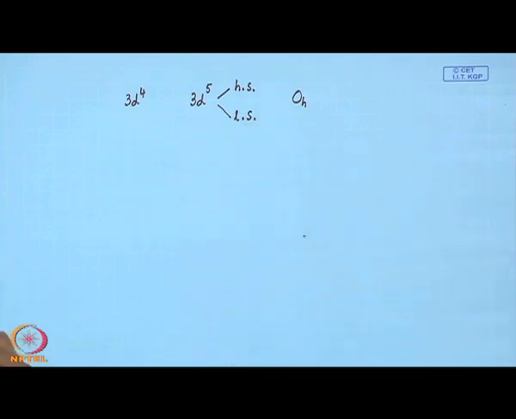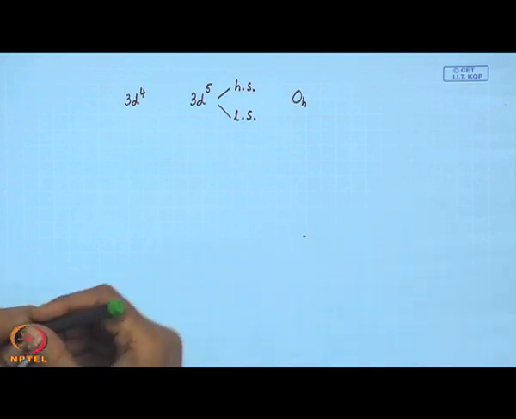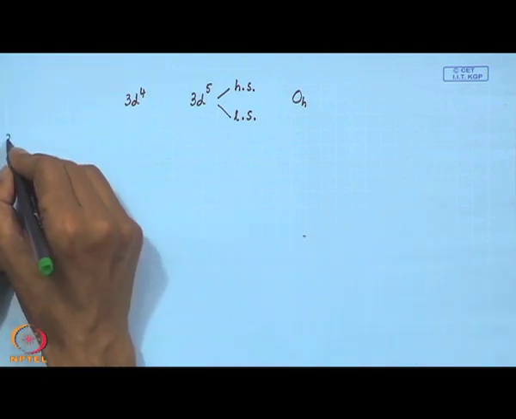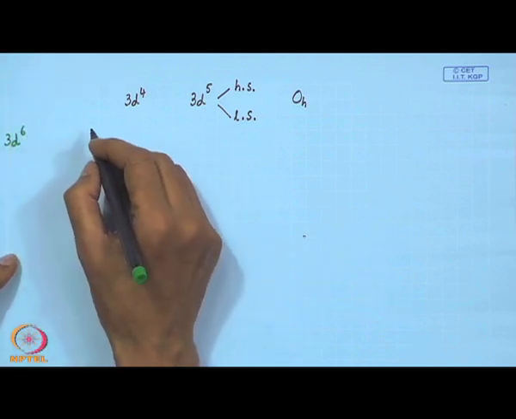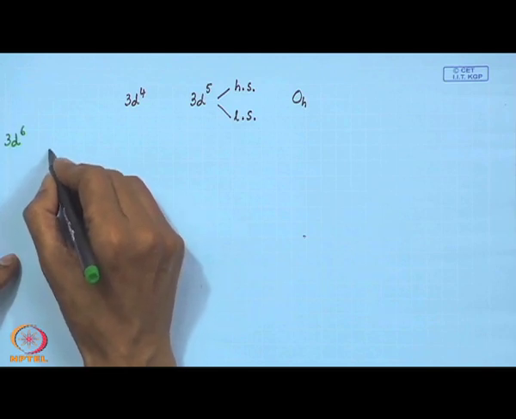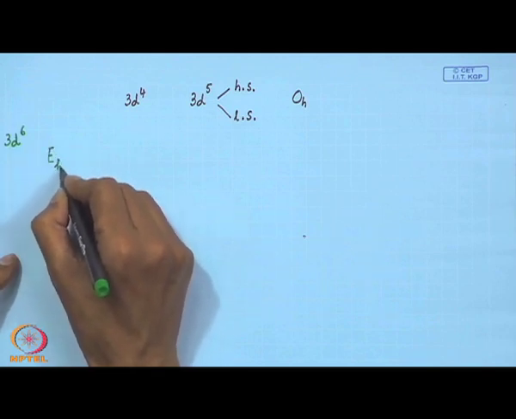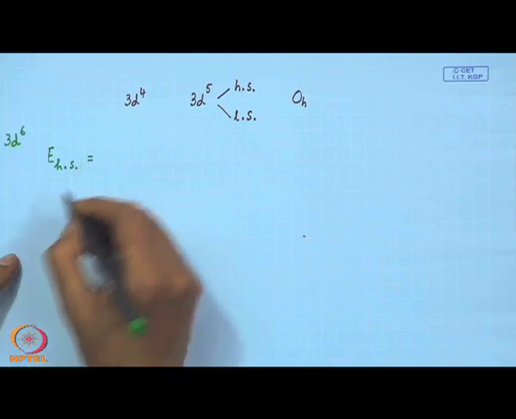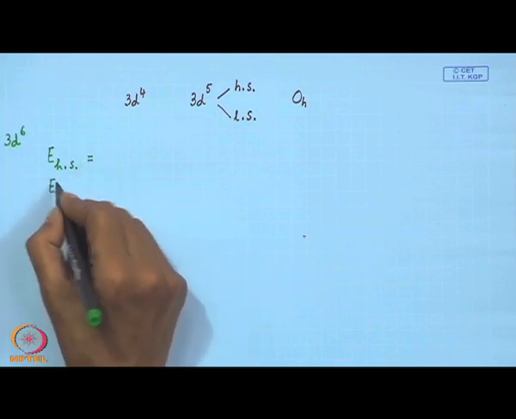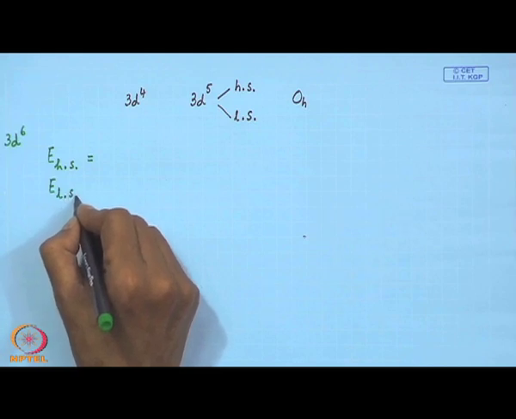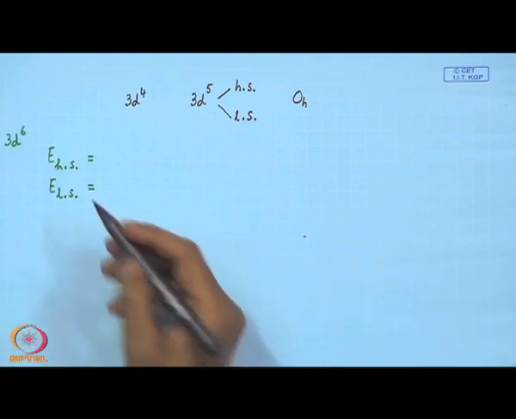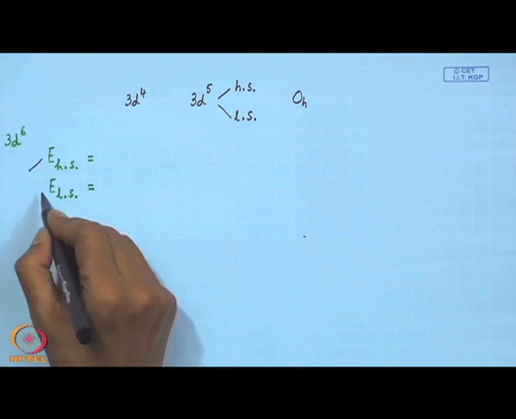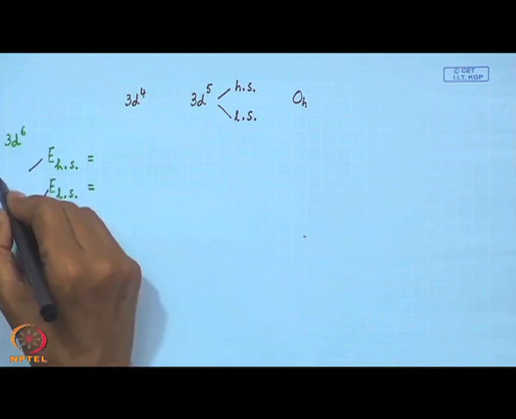In case of 3d6, we determined earlier that the energy for the high spin situation and the corresponding energy for the low spin situation can be determined nicely if we know the corresponding amount of splitting. So, this has two different types of configurations.